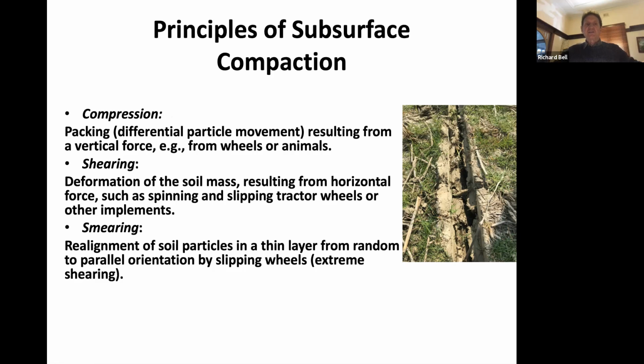And that's just the weight of machinery and animals causing a vertical force, which is transmitted into the soil and causes the particles to settle closer together.